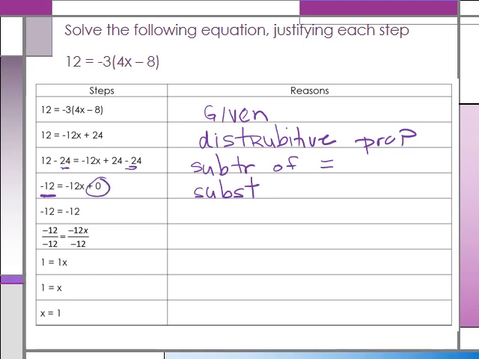Over here, I've got additive identity. Okay, 24 minus 24 is the same as 24 plus a negative 24. Got my x there, I see. Okay, and then again, 12x plus 0 is negative 12x. So that is identity of addition.